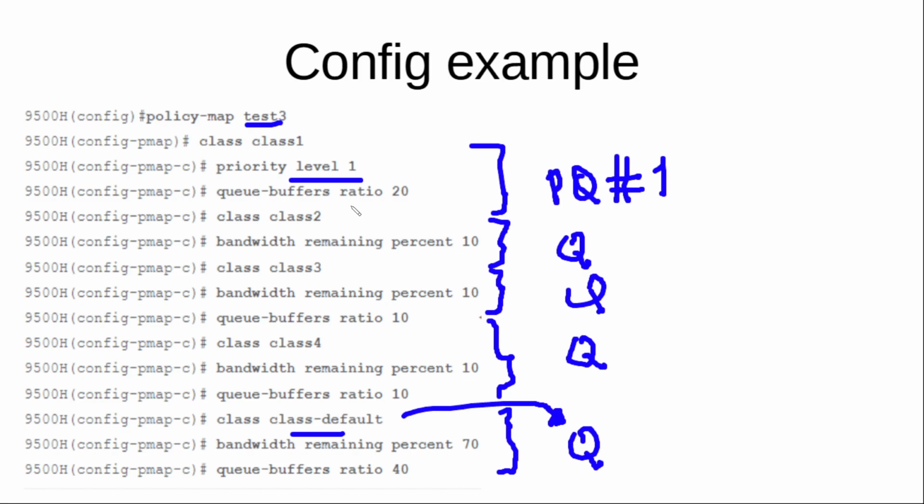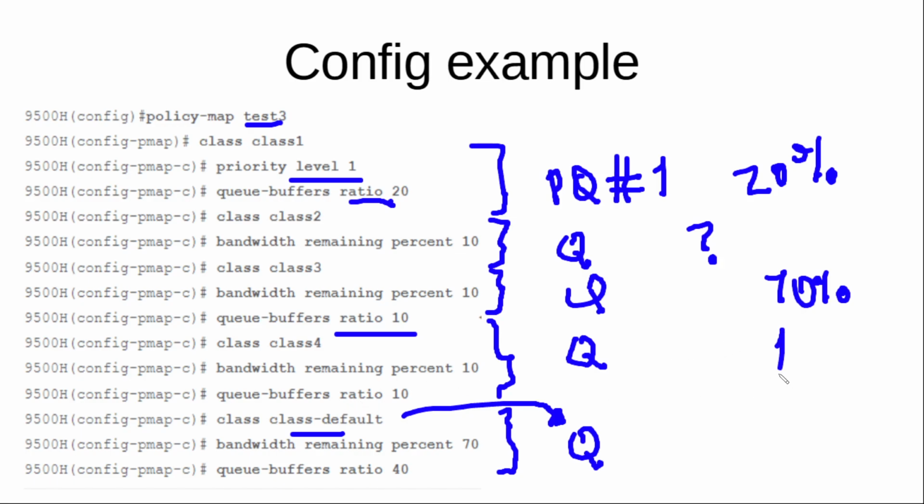And we are saying that this priority queue will get assigned a QBuffers ratio of 20. Class 2 does not have a QBuffers ratio. Class 3 has the QBuffer ratio of 10.